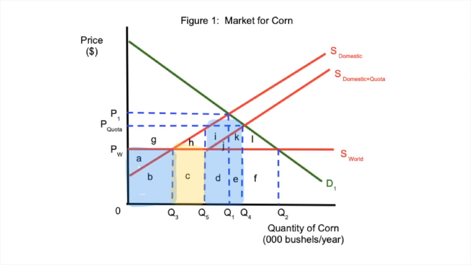Now look, it gets bigger, and if everybody is getting that price for corn of P quota, then hey, we've got some more German revenue to show. That's right. This is German revenue now, right there.